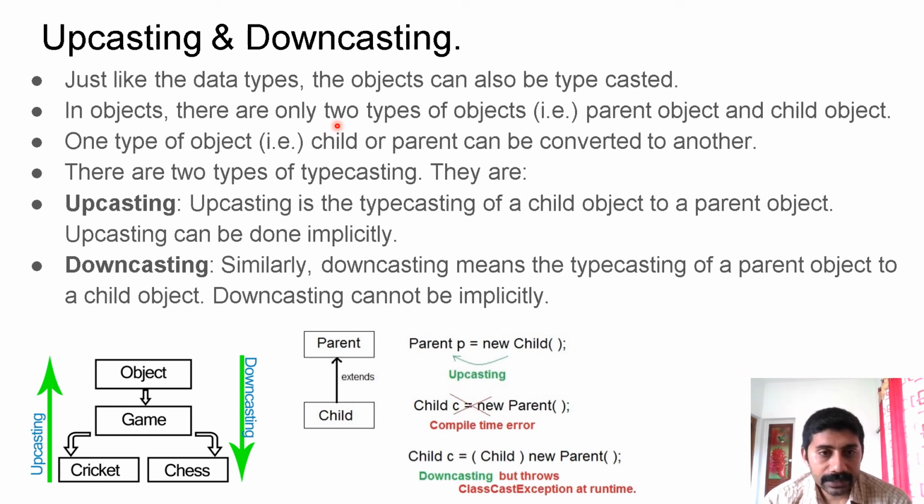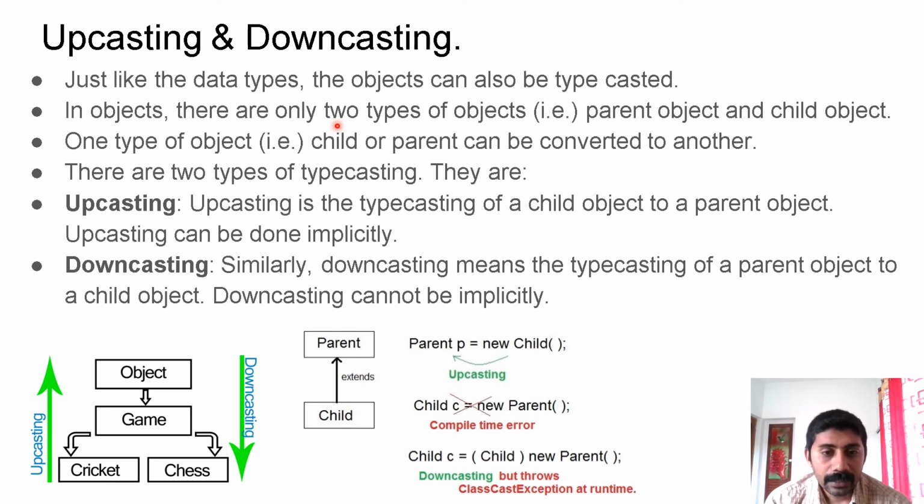In objects, there are two types: parent object and child object. One type of object, child or parent, can be converted to another. So the conversion is between parent type to child type or child type to parent type.